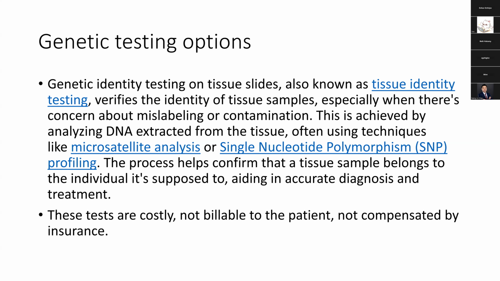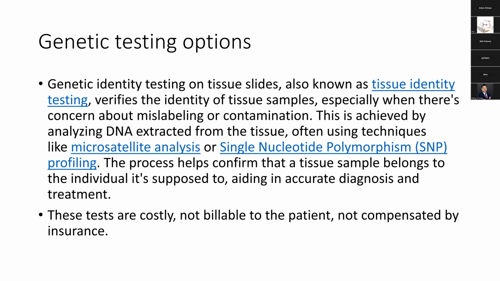Now, you'd not have to do this very often, but the situations where it comes up are such as this, where you have a major discrepancy between a biopsy and a resection, or when you have perhaps a single fragment of tissue amongst a number of other tissue fragments that you cannot be certain belong to the same patient.